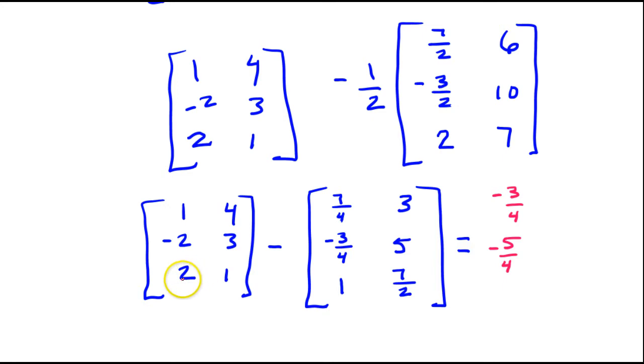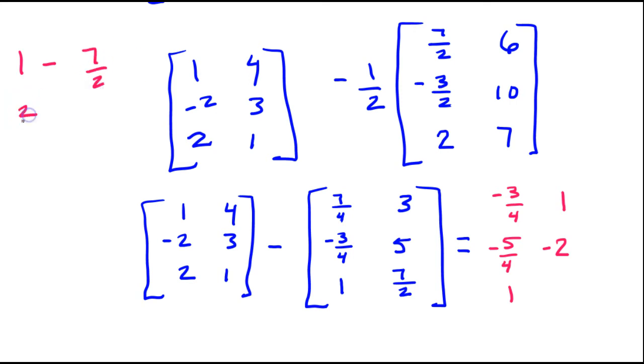Next I have 2 minus 1. So that's just going to be 1. And then I have 4 minus 3. So that is 1. 3 minus 5. So that will be negative 2. And finally I have 1 minus 7/2.